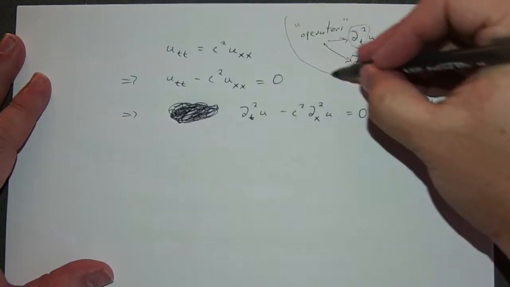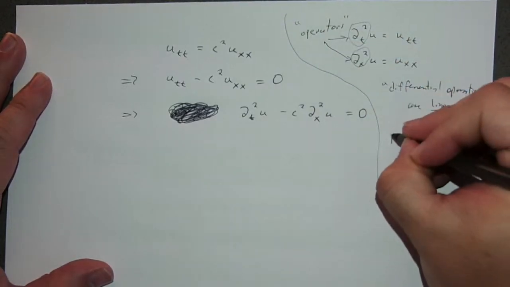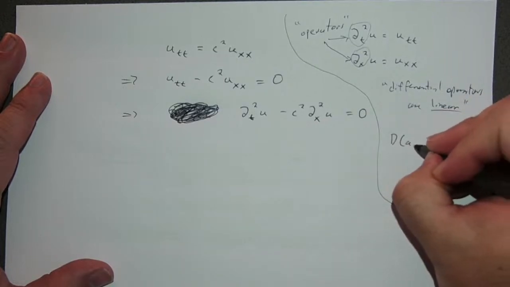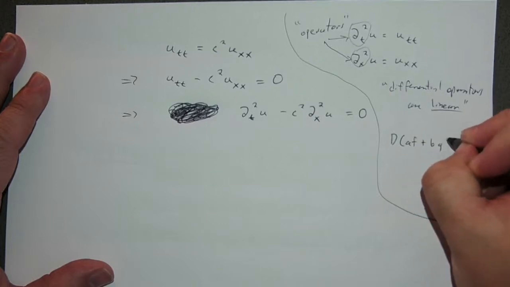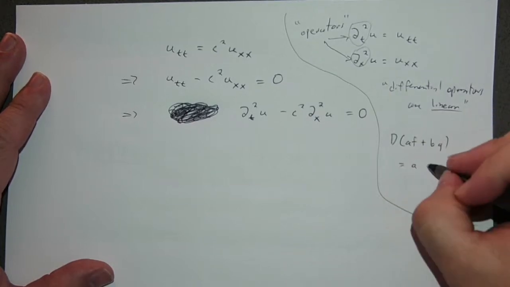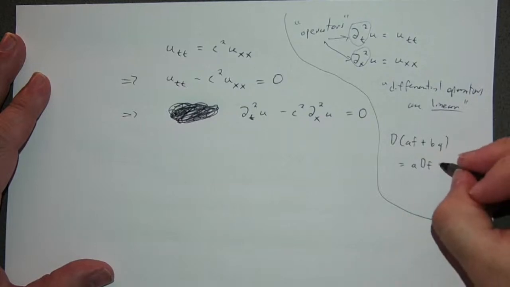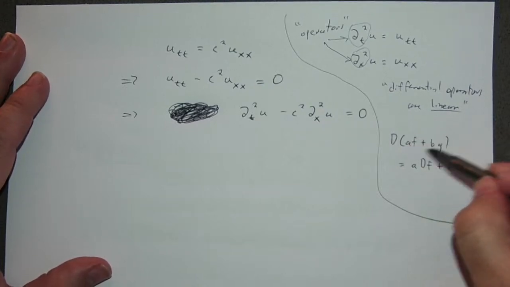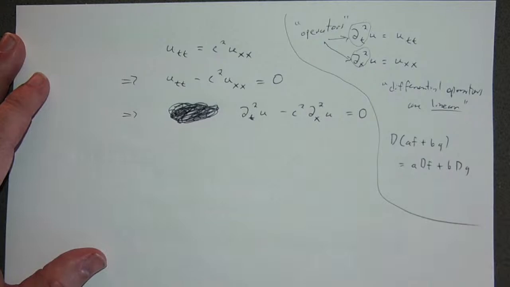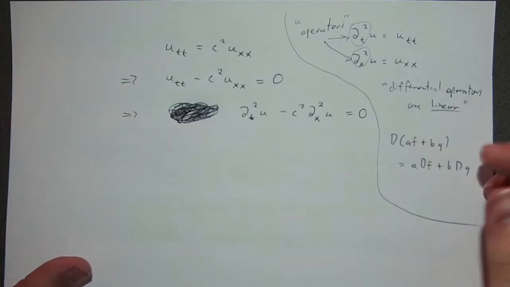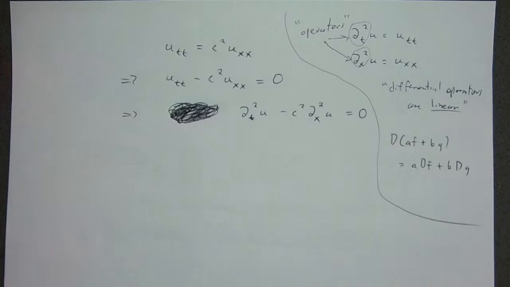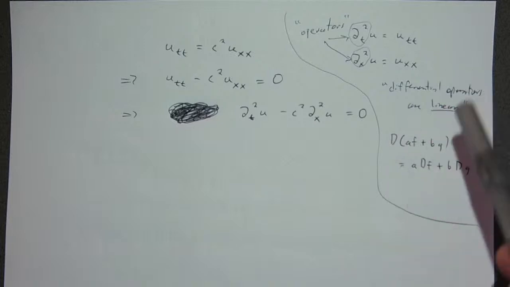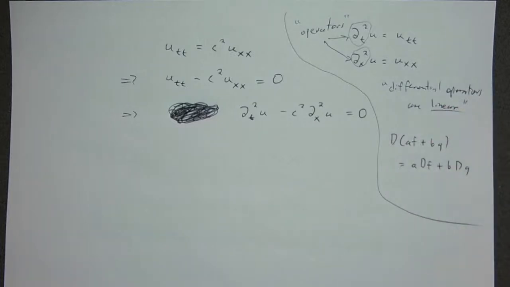So as a little aside, if I have a differential operator, say d, applied to a constant times a function plus another constant times a function, this is the first constant pulled out times the derivative of the function plus the second constant pulled out times the derivative of the function. So this operator breaks up across these linear combinations. The operator respects the act of linear combination. An operator applied to a linear combination is a linear combination of the operators. That's what it means to be linear.